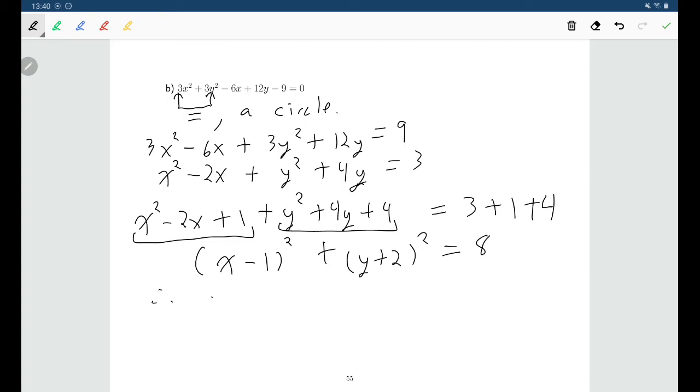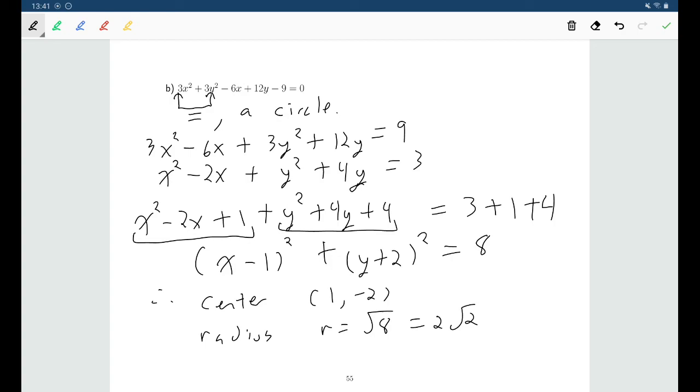So that means that our center is 1, negative 2, and our radius is square root of 8, which is 2 root of 2. Now, same thing is also going to be true here when I'm graphing this, that when I label my coordinates for the point that's above, below, to the left, and to the right of the center, I'm going to be writing it as an exact value, so it'll be written involving 2 root of 2.